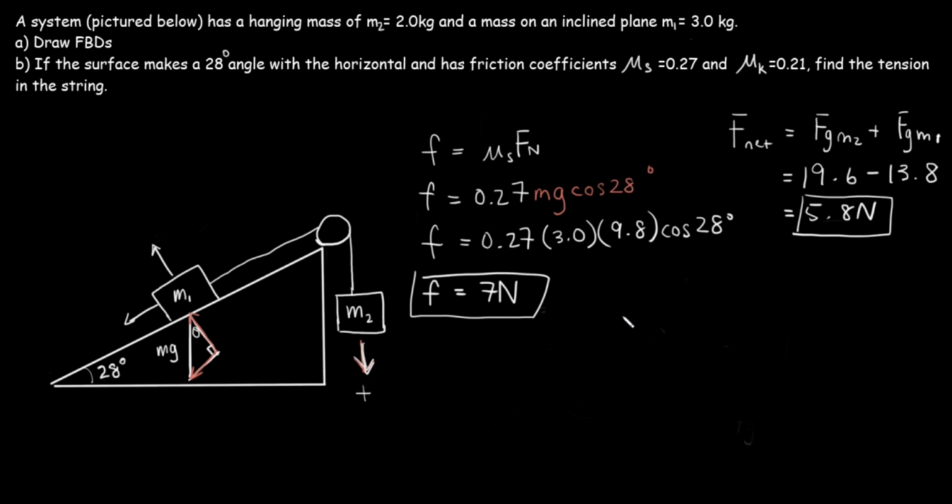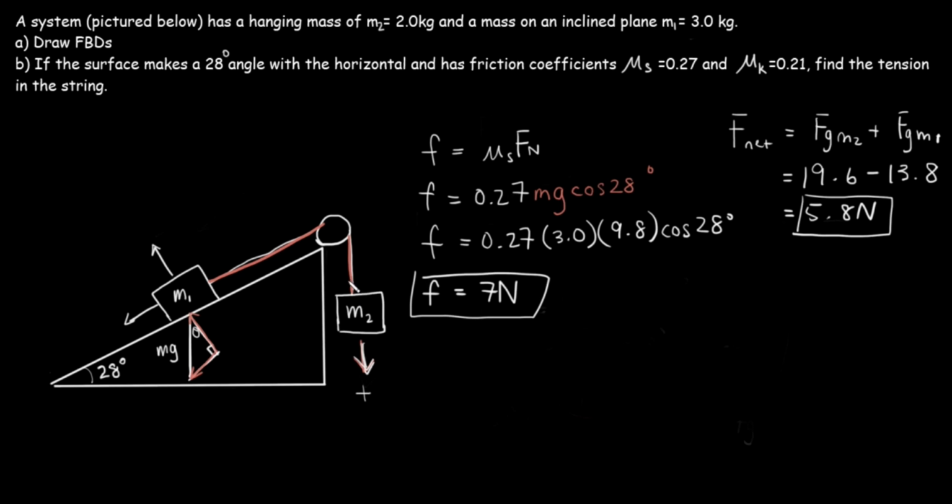And we're going to use F net to find the tension in the string. So to find the tension in the string, you have to realize that the tension in this string is equivalent to the tension in this string. It's the same thing.